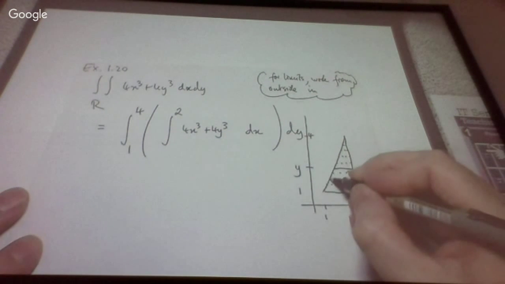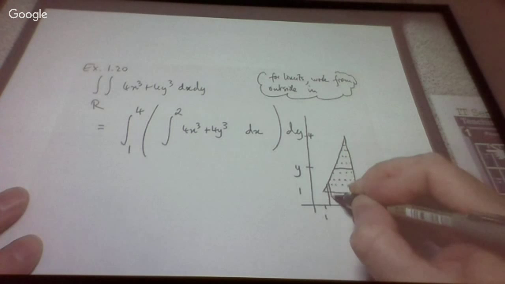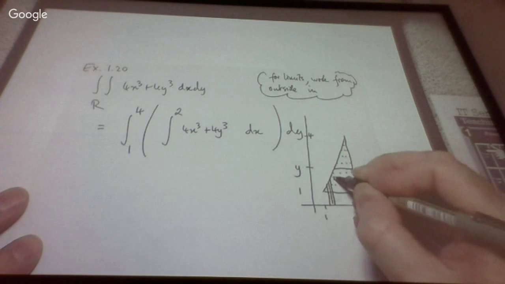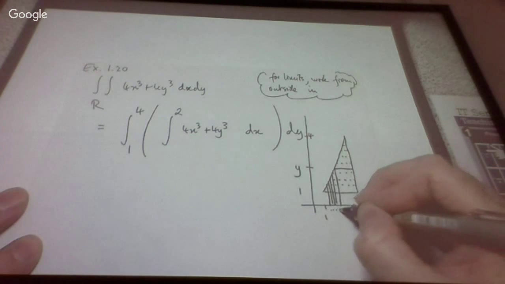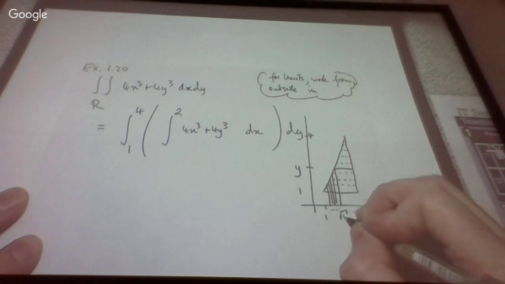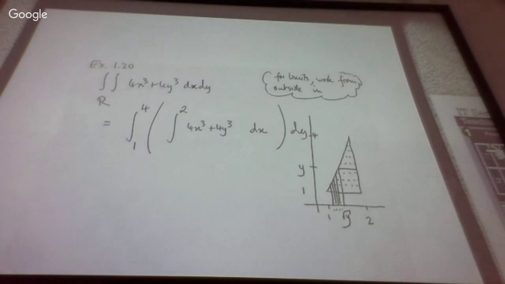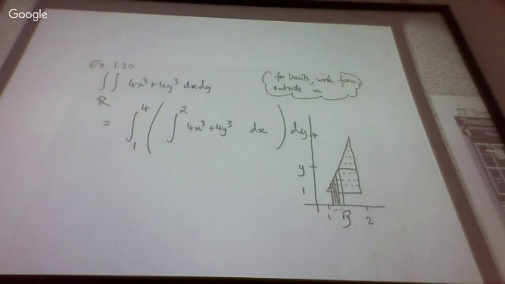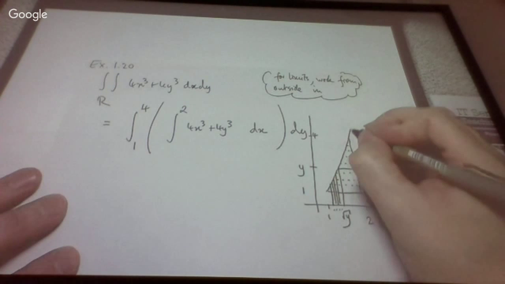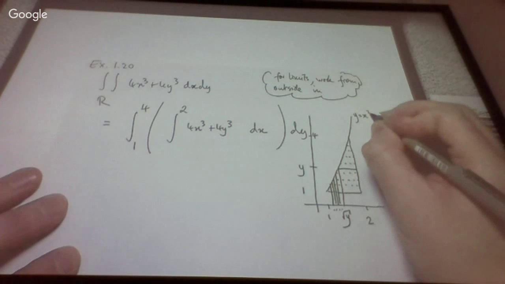So what are these values? Well, these values are determined by y. And they give you these values here on the x-axis, and the value they give is the square root of y, isn't it? Because the function describing this curve is y equals x squared.